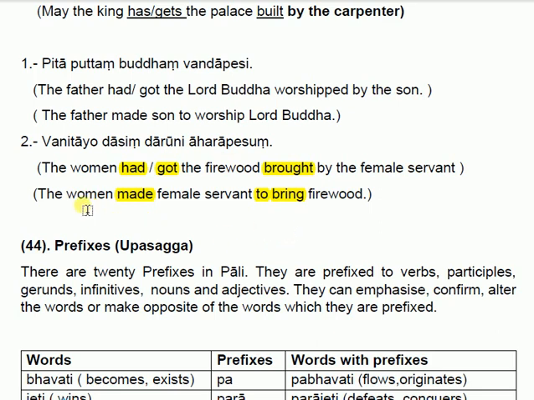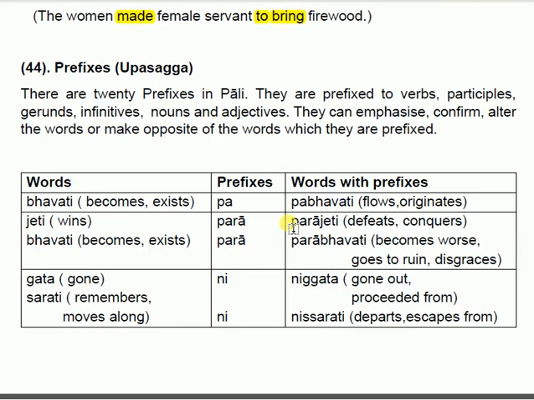So Vanitayo dasing daruni ahara pesum means the women made the female servant bring firewood, or the women got the firewood brought by the female servant. Right. Now we are going to a new topic, number 44, prefix.